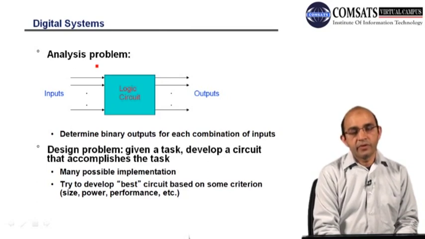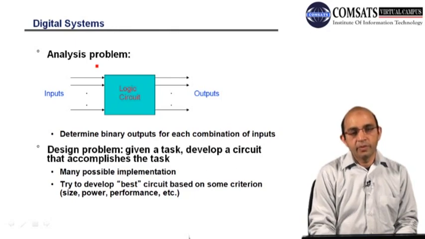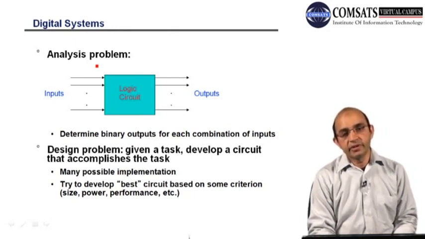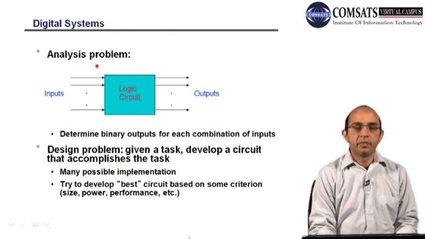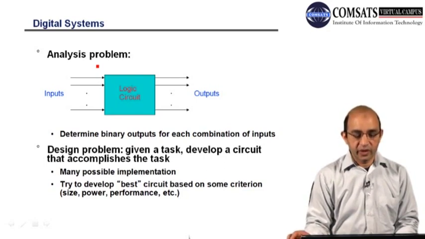And whenever you talk about the design, sometimes you focus on the size, like your circuit should be smaller in size, or maybe you are more interested that it should consume less power, right? But another time your emphasis or your focus is on performance, that your circuit should perform in an effective and efficient way.